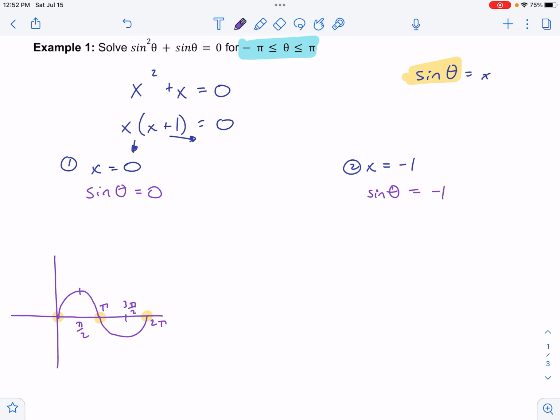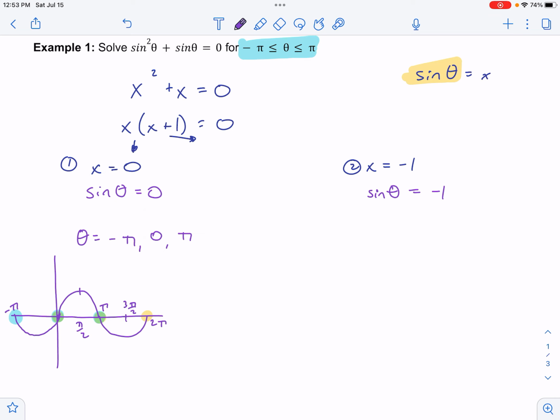So I'm going to extend my loop backwards 1, and this will be -pi. And so my actual answer here for my first one is going to be at -pi, at 0, and at +pi. So in this case, theta will be equal to -pi, 0, +pi.